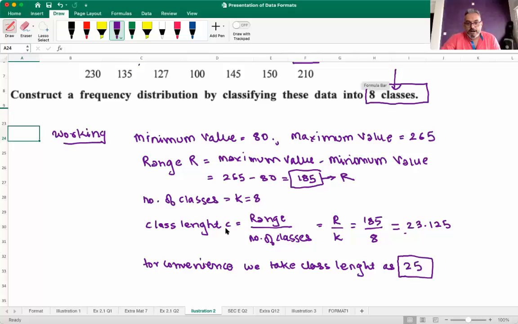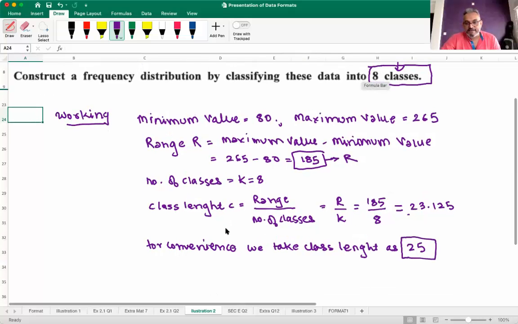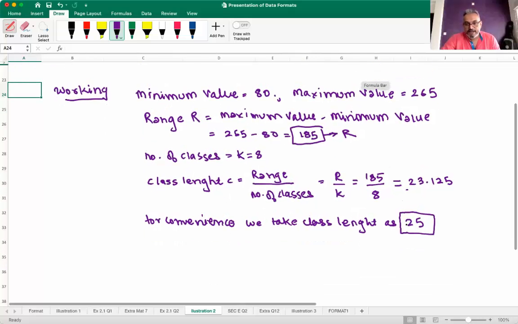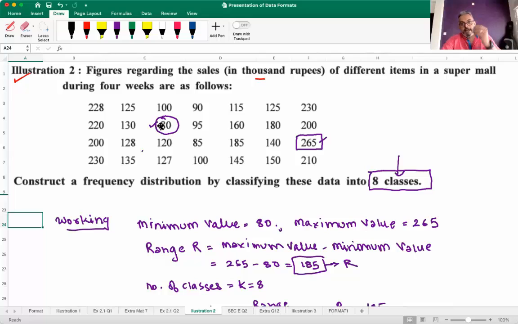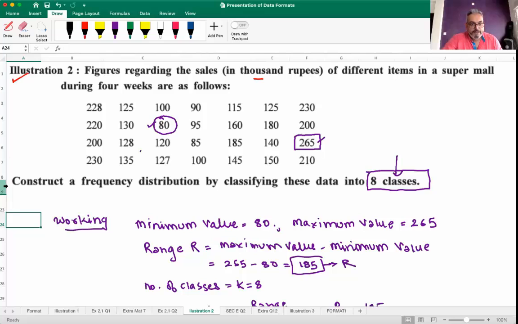Now we already have calculated the class length as 25. Now minimum observation we want to cover is 80. So we need to start. Let's make a table first of all, write the heading.